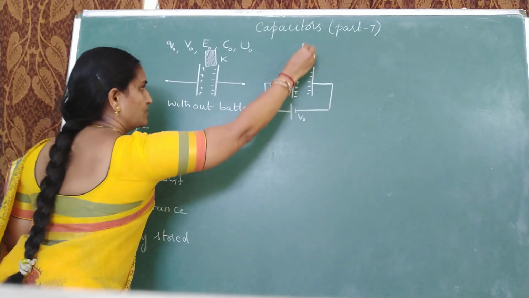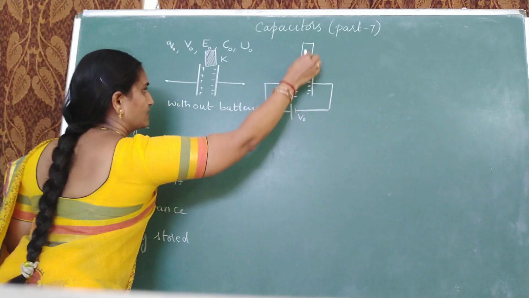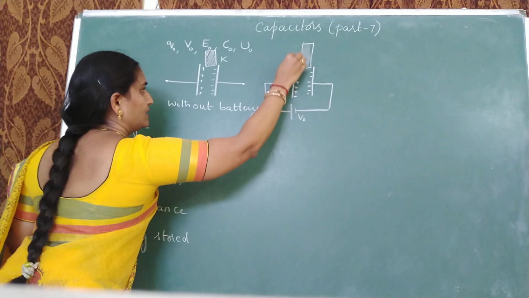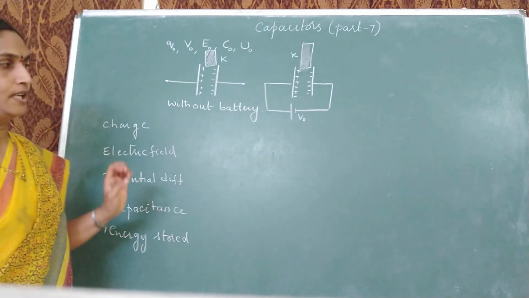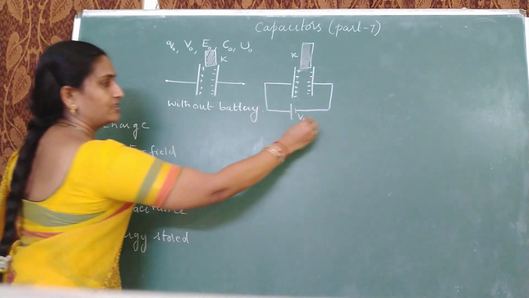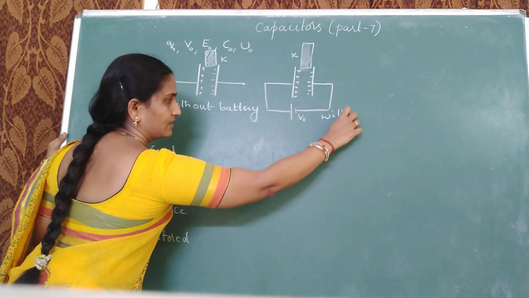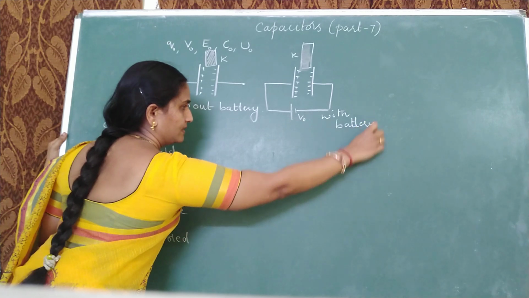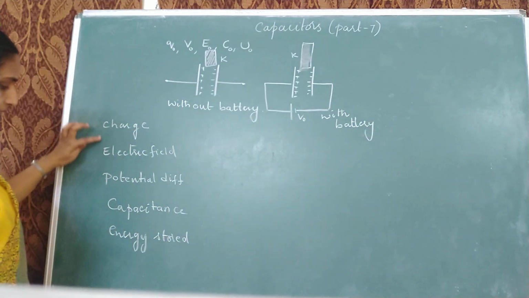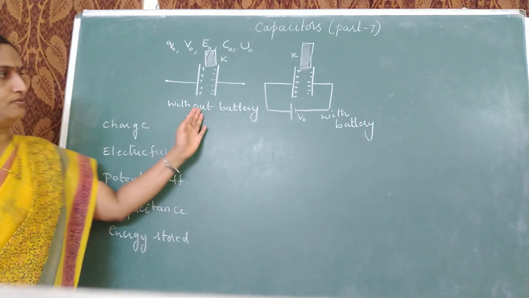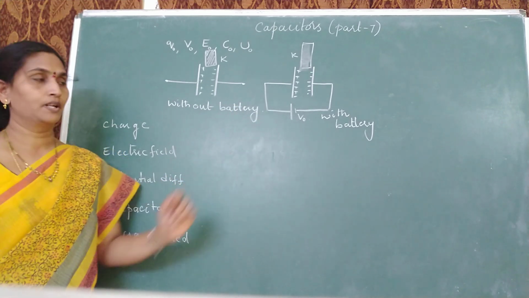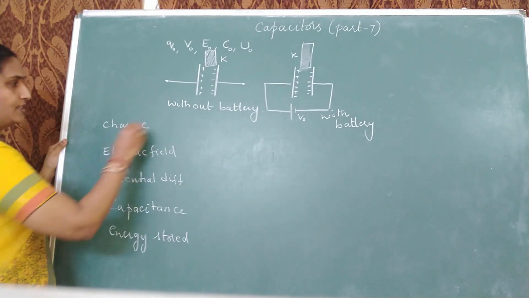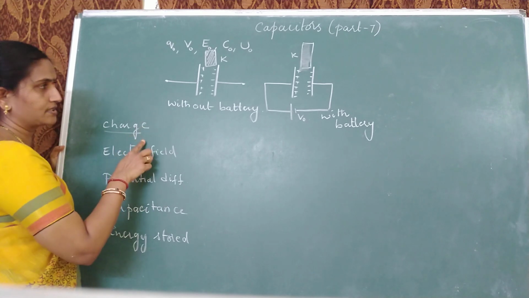And now I will be introducing a dielectric slab with dielectric constant K. So this one is without battery, and this is with battery connected to it. We are going to study what would happen to these five physical quantities when you introduce this dielectric slab. To begin with, let us start with the charge.